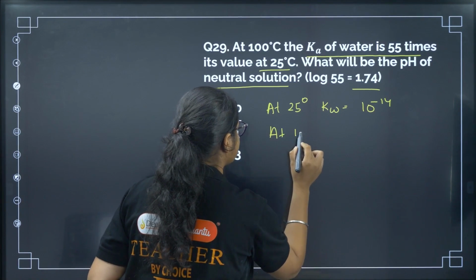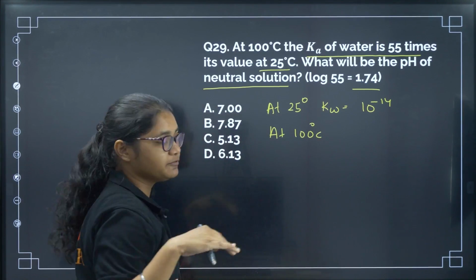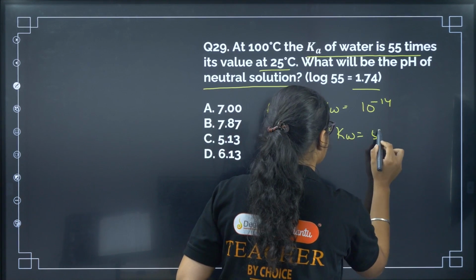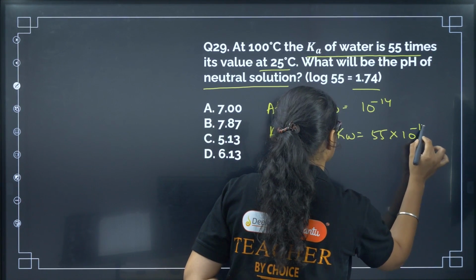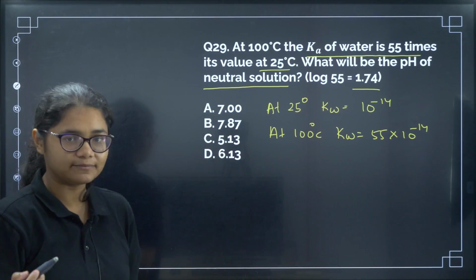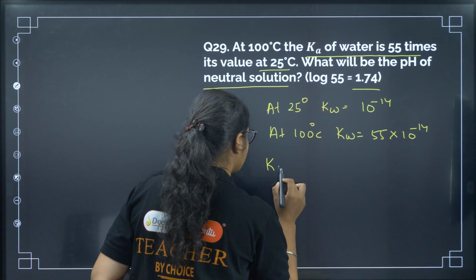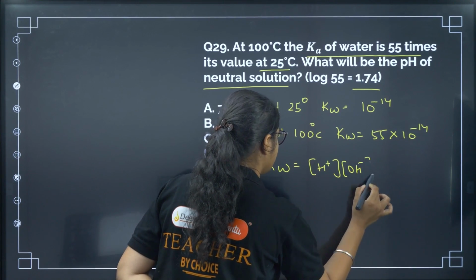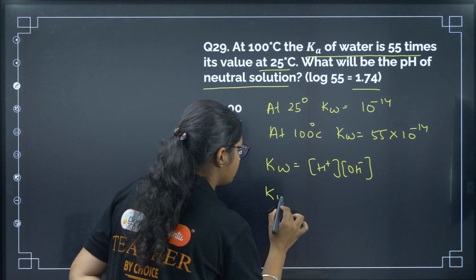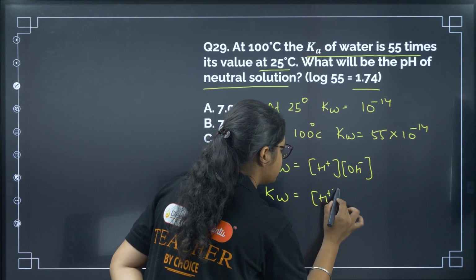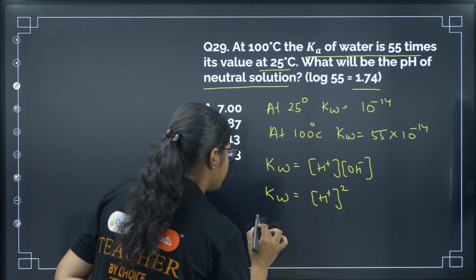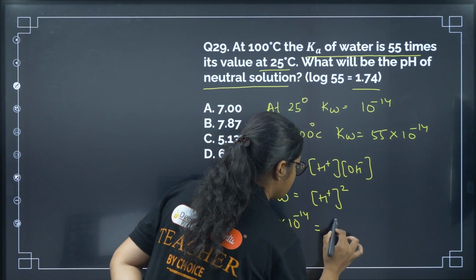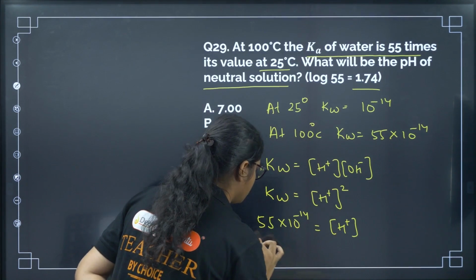At 100 degrees Celsius, it becomes 55 times this, so Kw at this point is 55 into 10 to the power of minus 14. Now what is Kw? Kw is the concentration of H plus into OH minus, so Kw is equal to H plus concentration square.